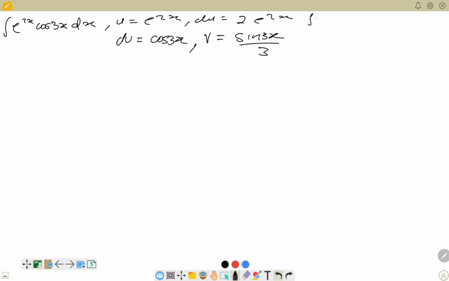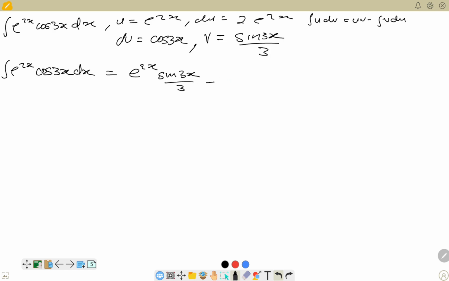And for a reminder, we can write our formula there, uv minus integral of v du. It's better to write the formula so that we do not get things mixed up. Then we have e to the power 2x cos 3x dx, where our u is e to the power 2x and v is sine 3x over 3.